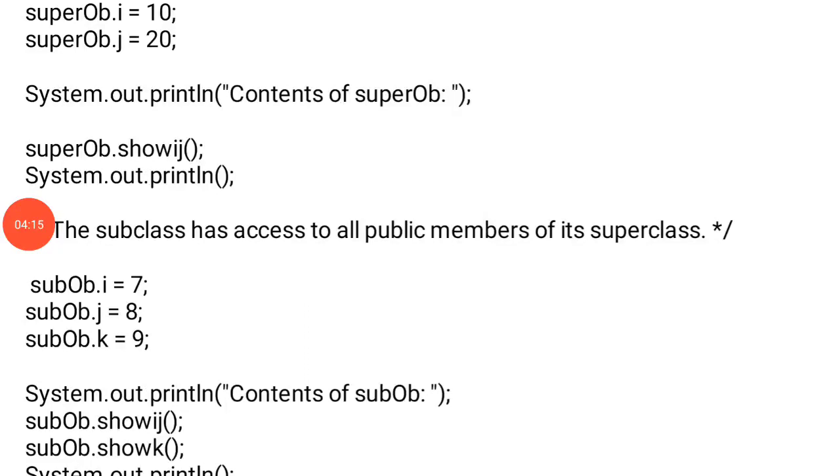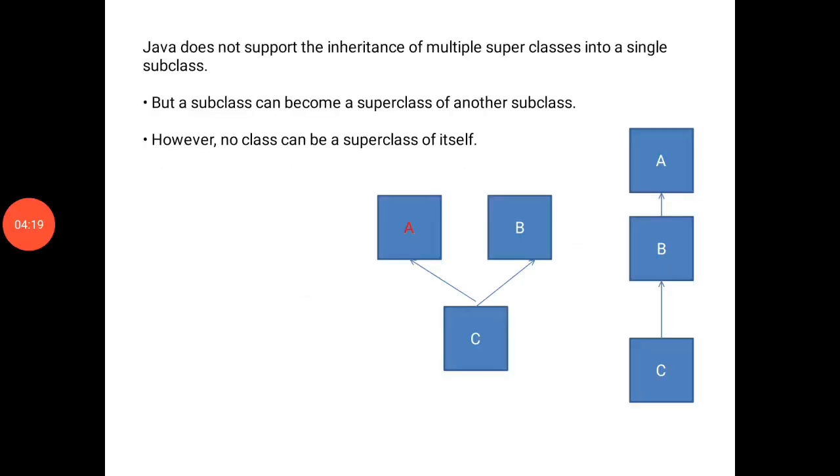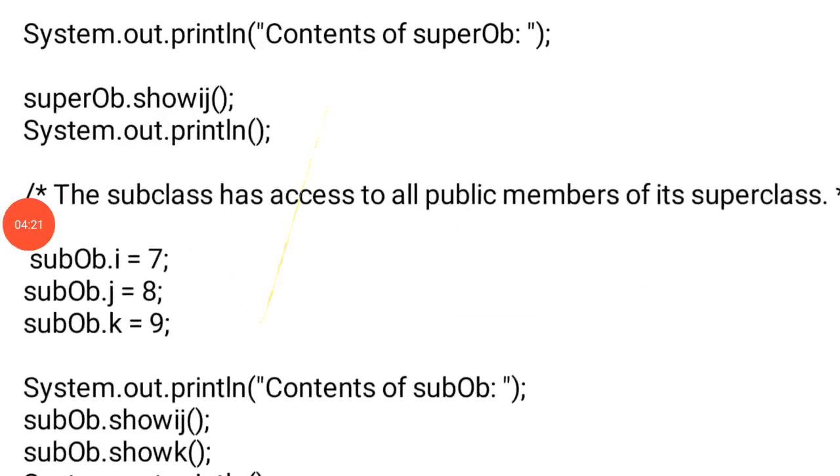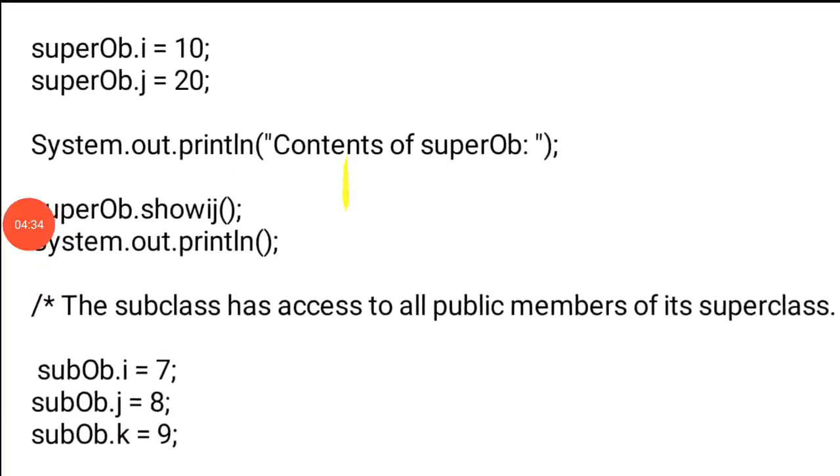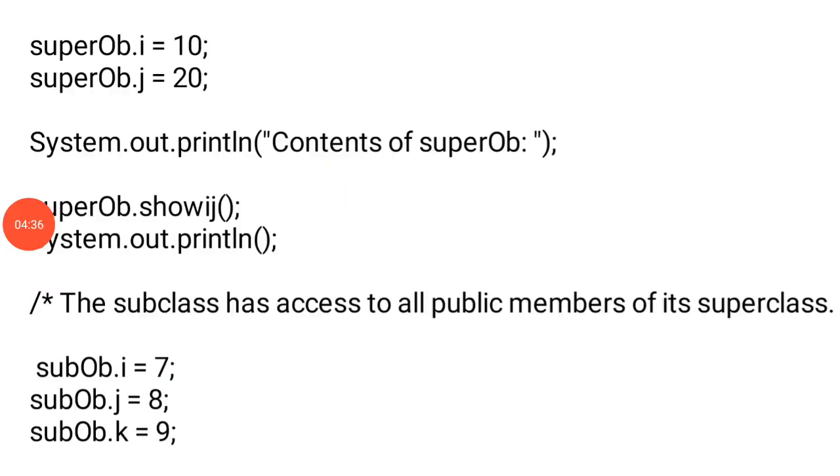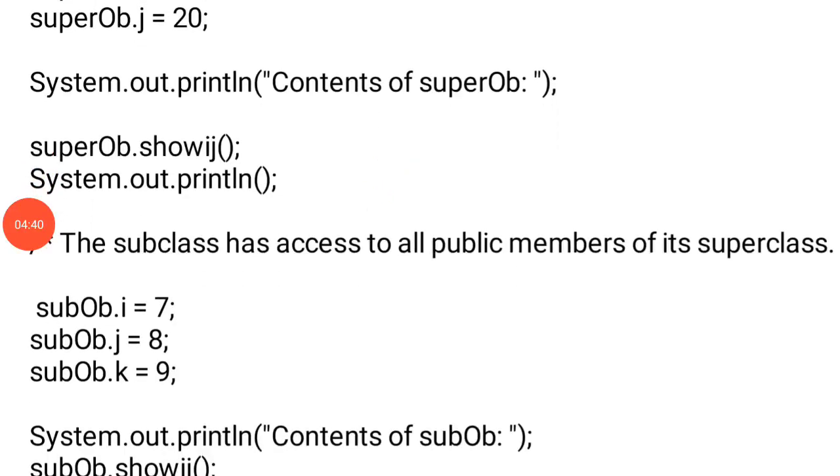Whenever I say i and j in the show method, it is going to take the i and j of the object with respect to which the method is called. Here we have called the method with respect to the superclass object. That means it is going to print the values of i and j assigned to the superclass object, which are 10 and 20 in this case. So it is going to display 10 and 20.